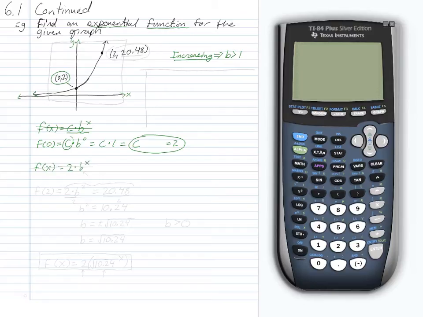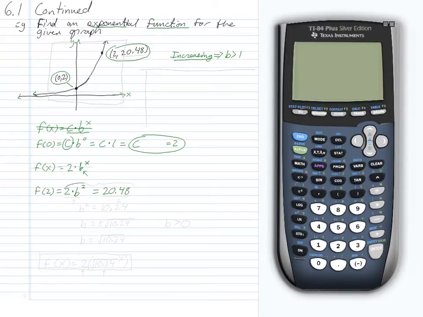Alright. And what else is this function doing? Well, the only other thing I know about is the other point that it's passing through. In other words, this point must be a solution to this equation. So we'll plug in that point and then force b to satisfy the equation. So f of 2, that is 2 times b squared, must be equal to 20.48.